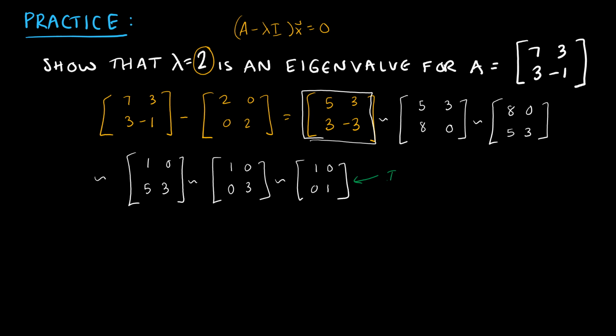This is the identity matrix, which means I have only the trivial solution. And what does only the trivial solution tell me? That lambda equals 2 is not an eigenvalue for matrix A.